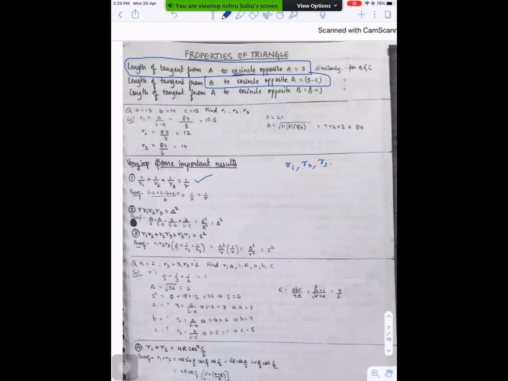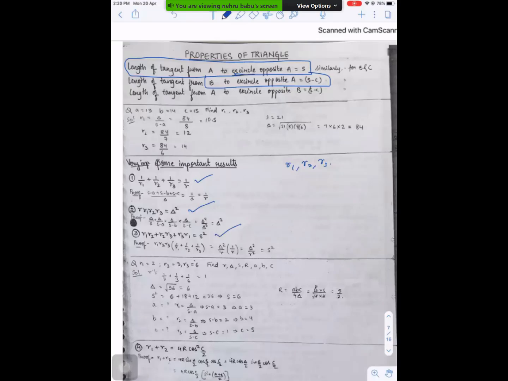This first formula: 1 by r equal to 1 by R1 plus 1 by R2 plus 1 by R3. With the help of this formula, you can find small r. Next, you can find area delta: delta square equal to r into R1 into R2 into R3. By using this, you can find delta.